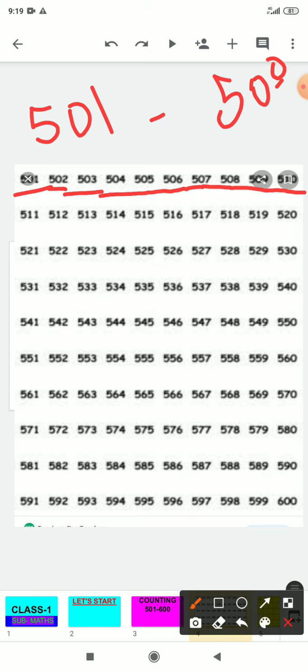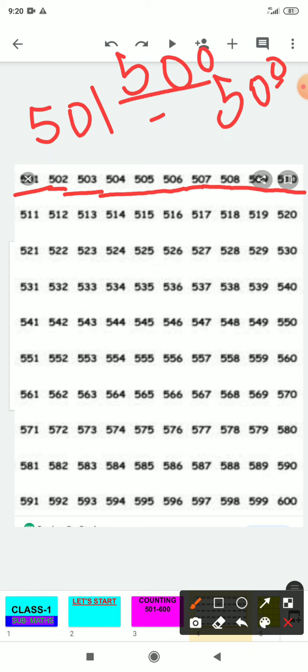Children, as I told you earlier also, it is very easy to continue with that because all the numbers have the same sequence, only the numbers and the places change. As we know, 500 is there.